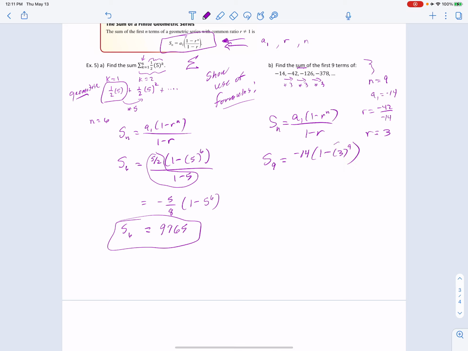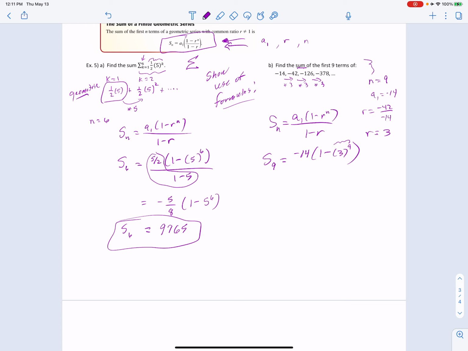Make sure that you do 3 to the 9th before you subtract from 1. I've seen some students take 1 minus 3 and take a -2 to the 9th. That doesn't work. You have to do the power before you do the subtraction. And then this is all over 1 minus 3. If I simplify these two, I have -14 divided by -2 is 7, times 1 minus this 3 to the 9th.